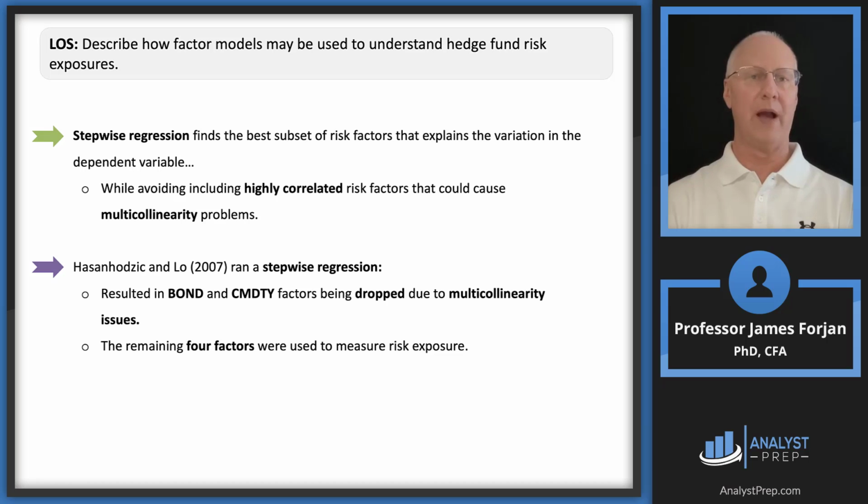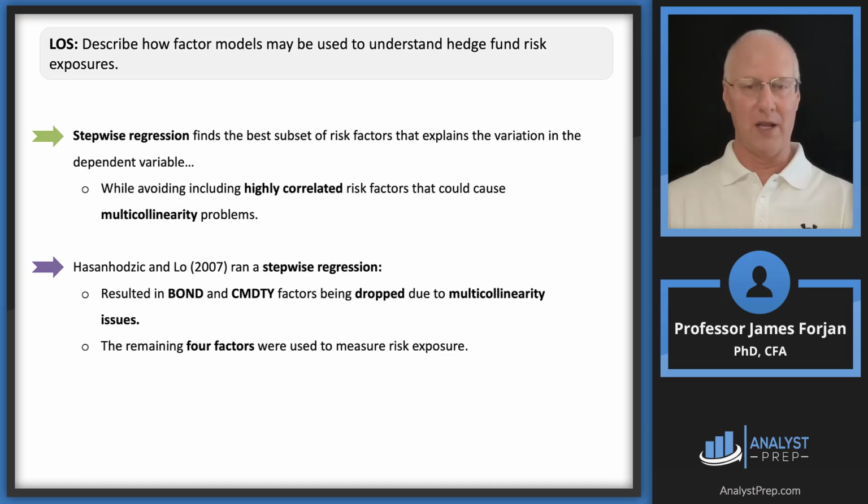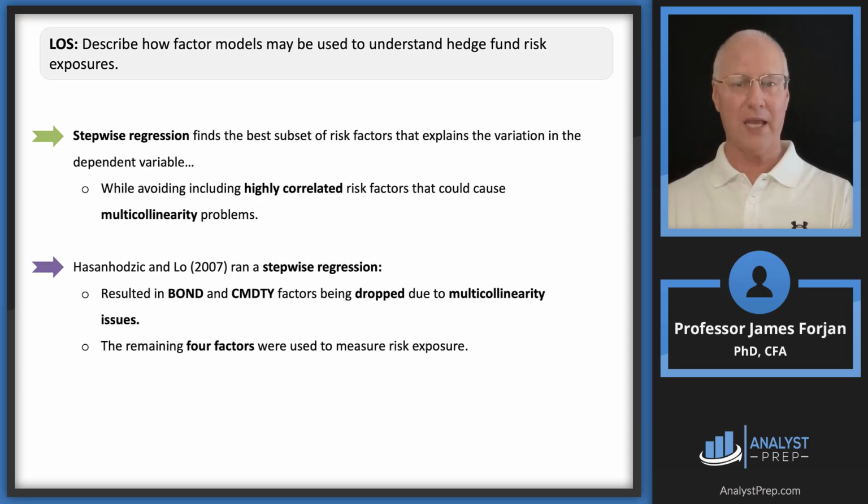That makes sense all the way back from Level 1. But in this 2007 model's stepwise regression, the bond and commodity risk had lots and lots of high correlations, so they were dropped.